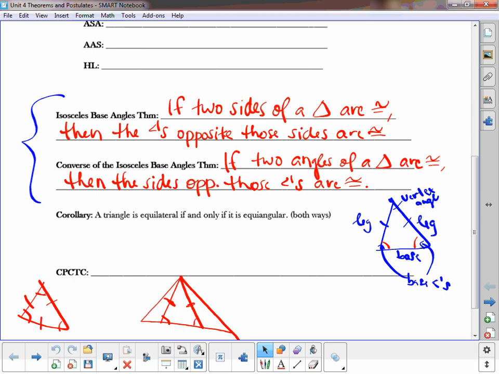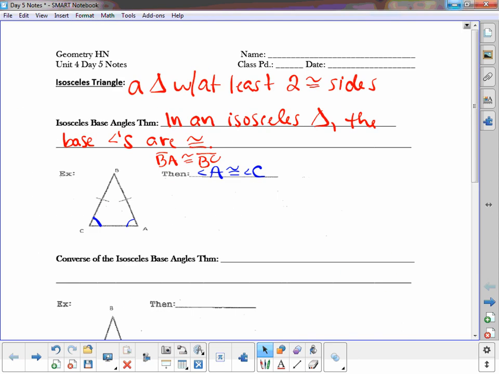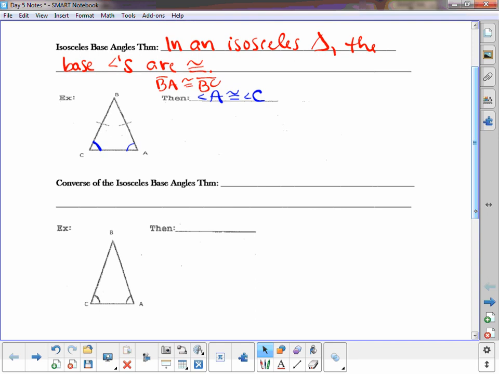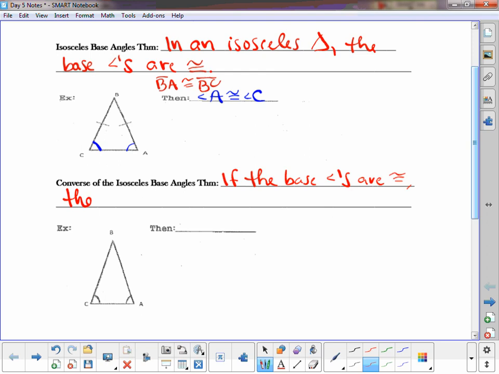And the sides opposite of those base angles are called the legs. So let's go ahead and simplify down this theorem for us. If the base angles are congruent, then the legs are congruent.